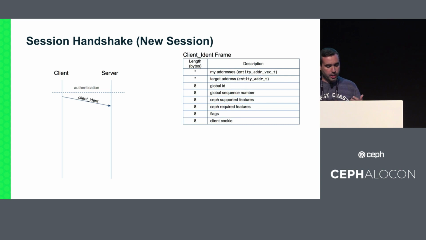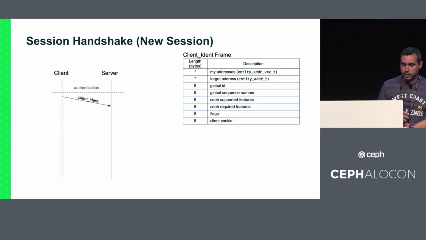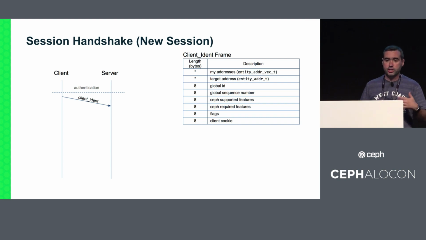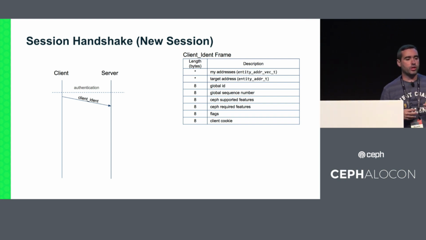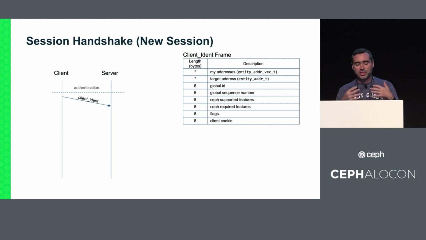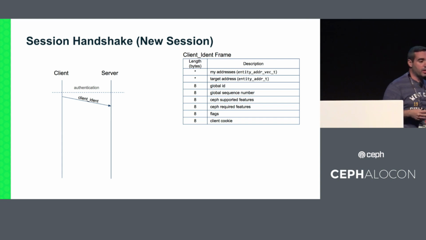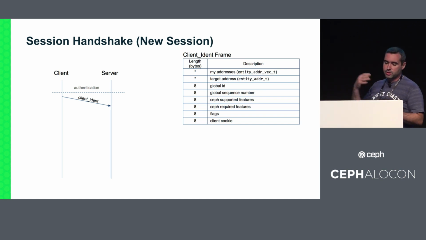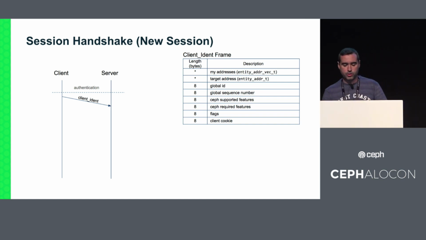The first thing is the client once again initiates the session establishment. When it's a new session, when the client is not aware of any previous session, for instance if your daemon has crashed and restarted, it will send a client identification frame to the server.